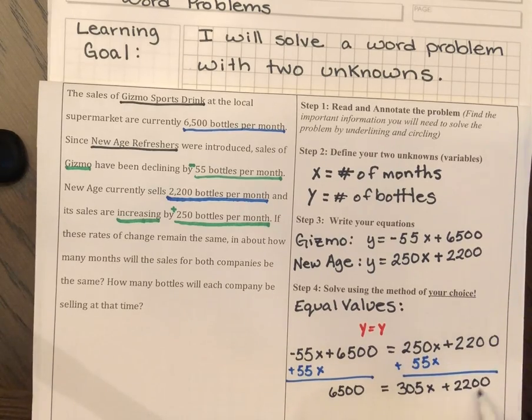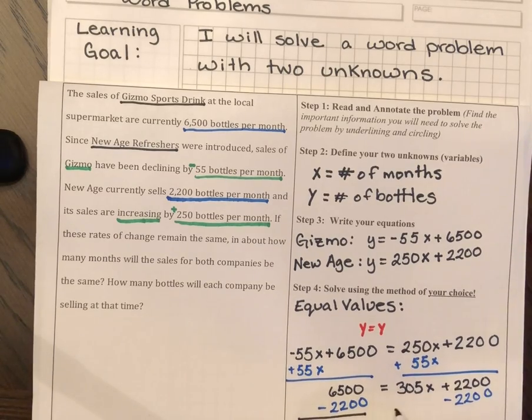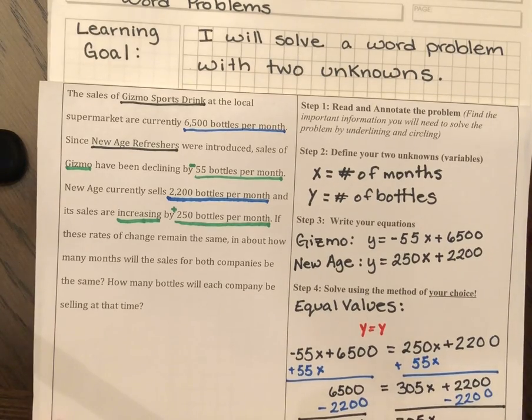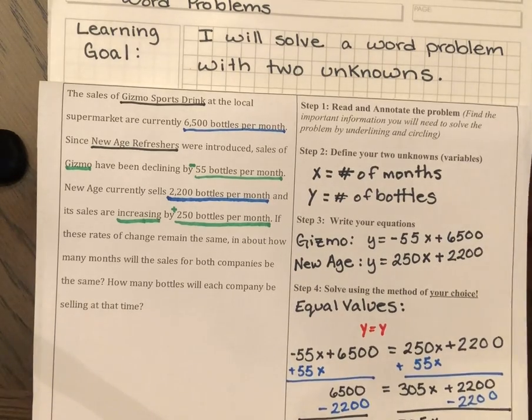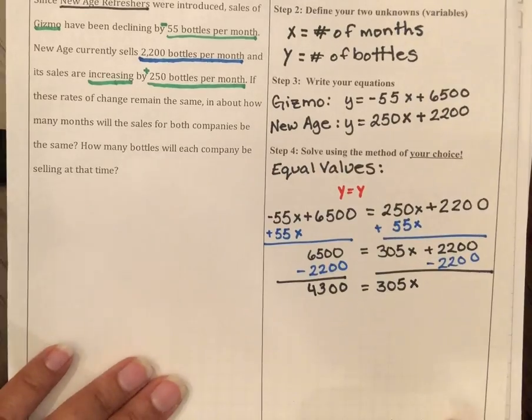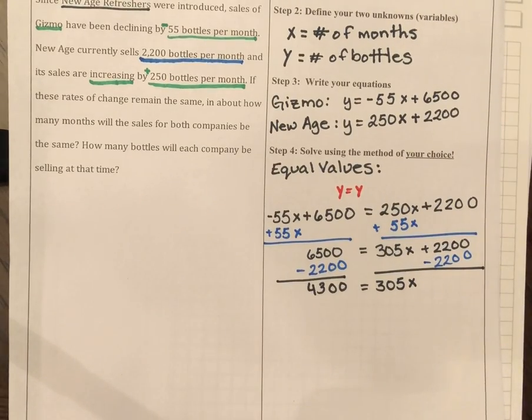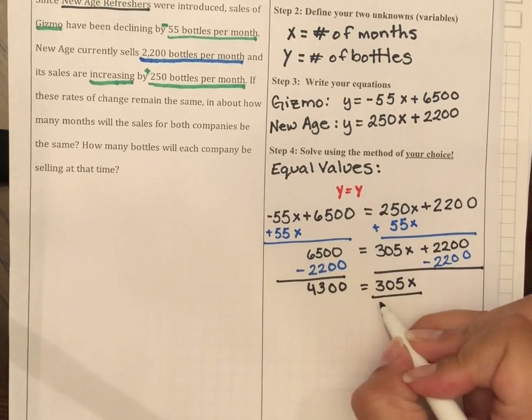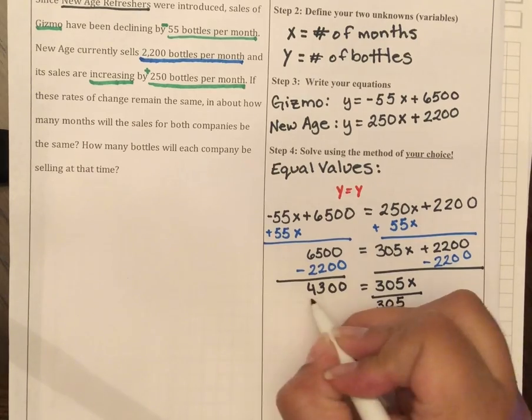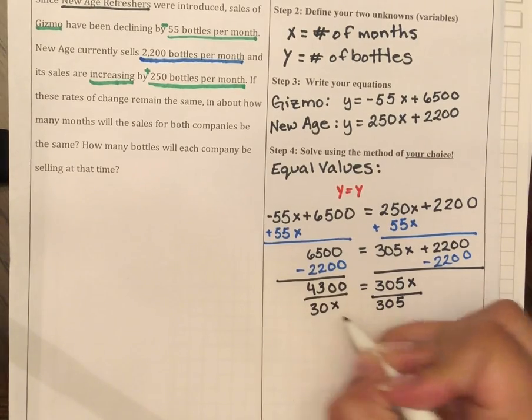So now I'm going to get rid of my units. I'm going to divide by my coefficient so I can find the value of x.